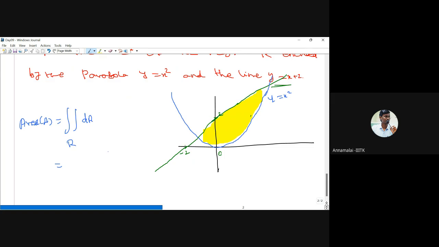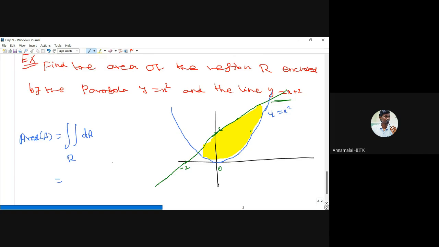So now what is the limit for x? Look at this point. The curve intersects somewhere, right? So it intersects here, and it intersects here. So what are the points? We have x square equal to x plus 2.